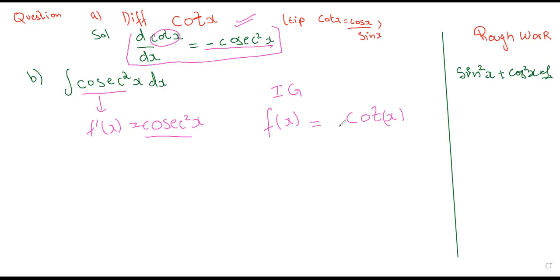Minus cos x over sin x. Okay, but you can simply write minus cot x, right? Yeah, you can. Very good. So if you have this, then the derivative would be cosecant square x. So this implies that the integration of cosecant square x dx is basically minus cot x plus c, right?